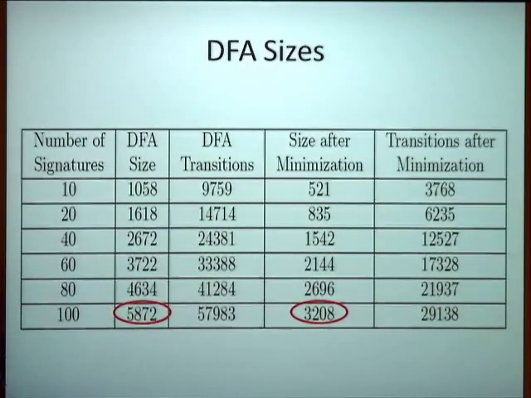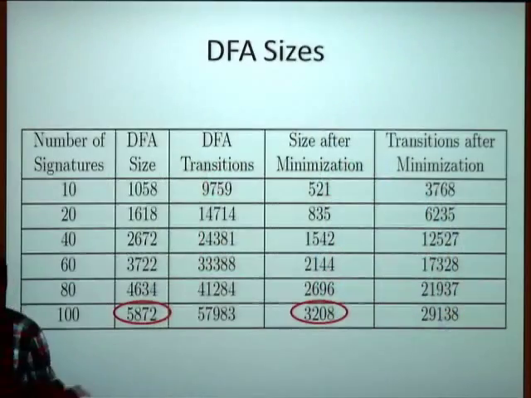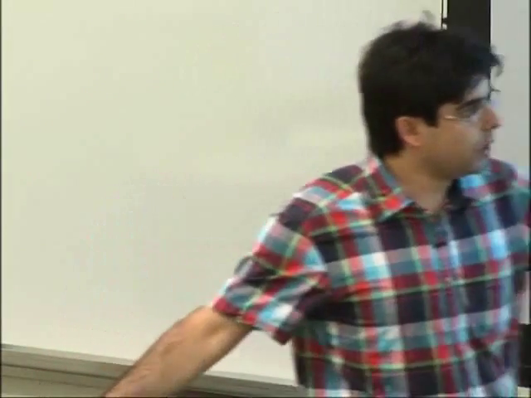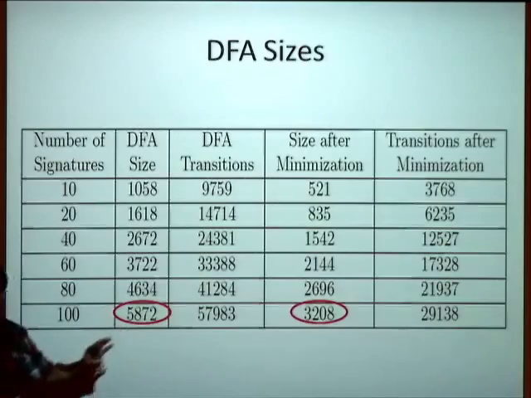Here your alphabet is no longer binary. Here it is ASCII characters. So you can notice the number of edges is not this times 2 or something, right? Here you have 256 characters potentially in your alphabet. So you have a large number of edges, but it's relatively sparse.